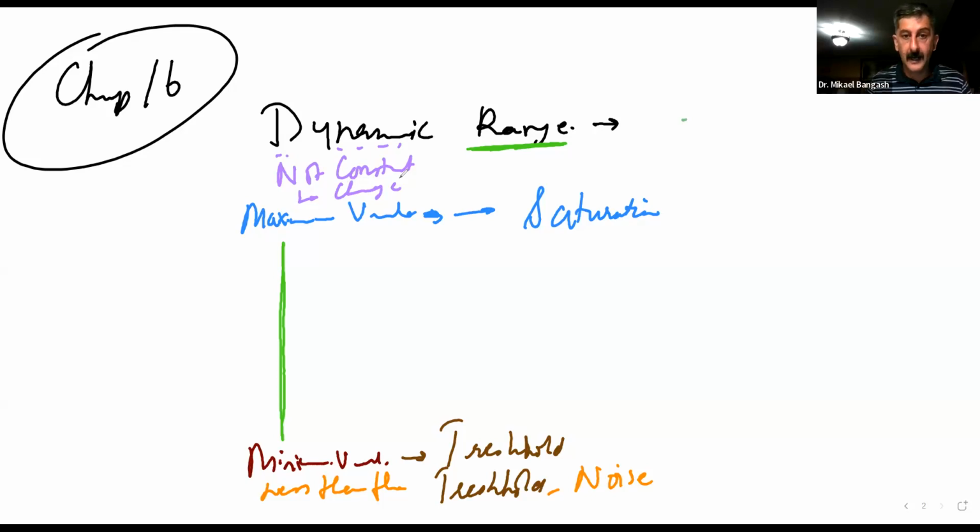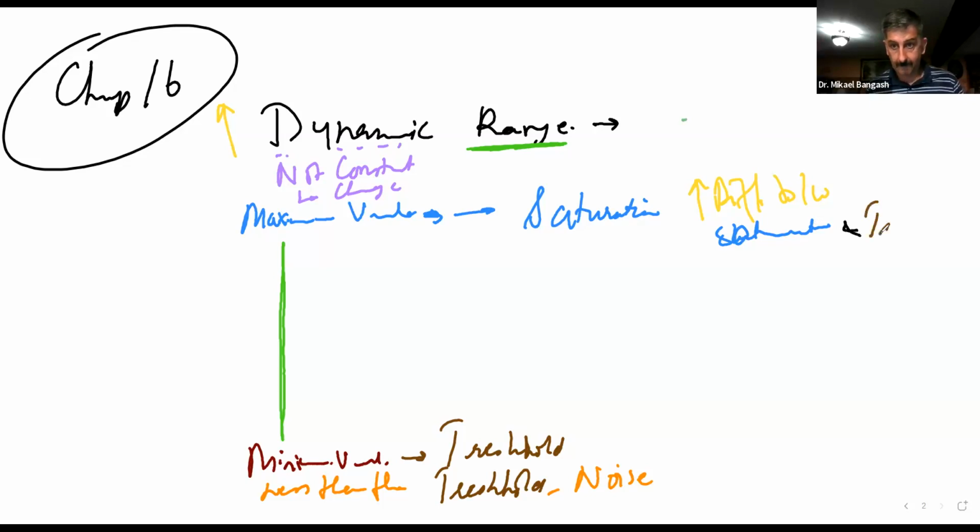But in this case, you can say your dynamic range, or you will have a great dynamic range, if, for instance, you have a great difference between your saturation, which was the maximum value, and your threshold, which was the minimum value.